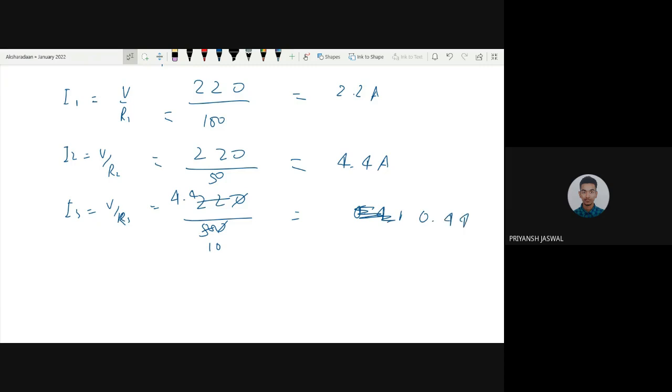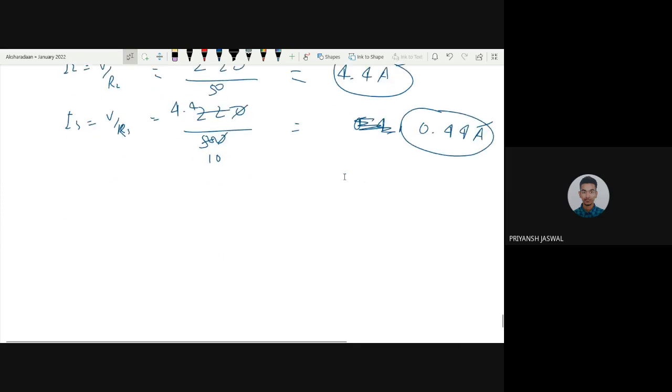0.44 ampere. So total current becomes, total current through the circuit I is equal to summation of all the currents.